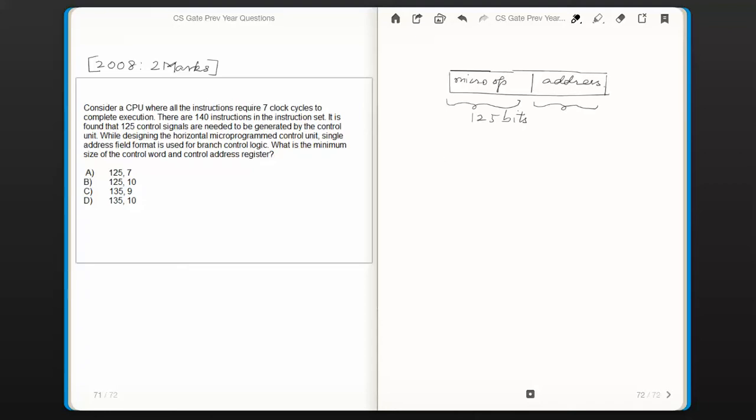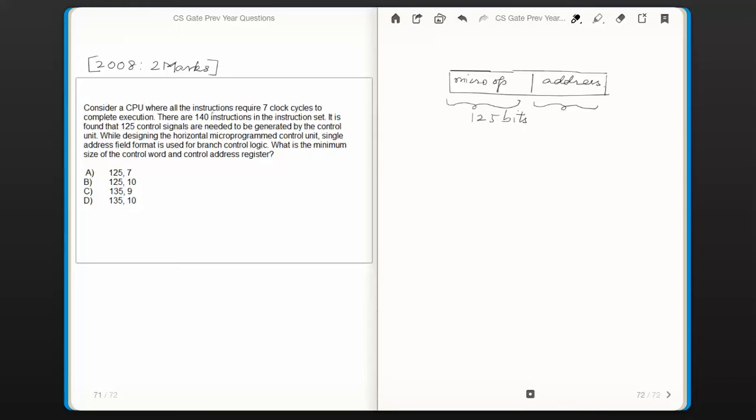So total number of micro instructions that would be required here would be equal to 140 into 7. Why? Because there are total 140 instructions, and each instruction has 7 clock cycles, and for each clock cycle we need to generate a separate set of control signals, right? So for each clock cycle we would need a specific micro instruction.